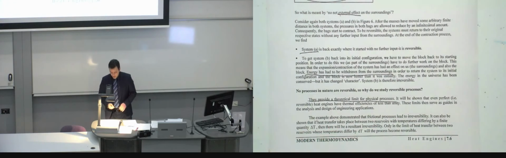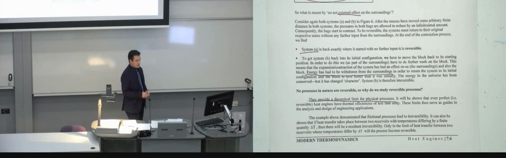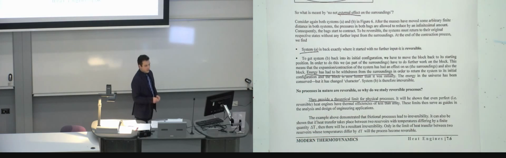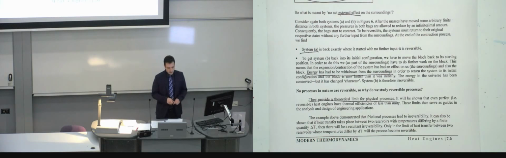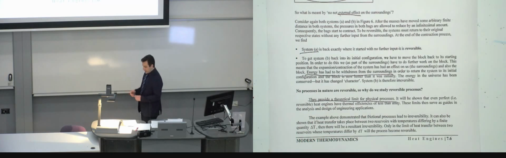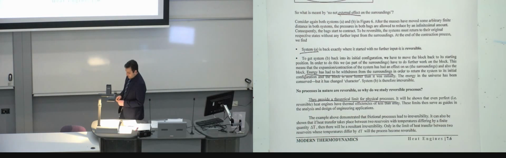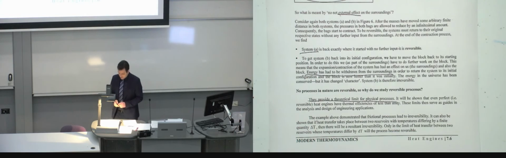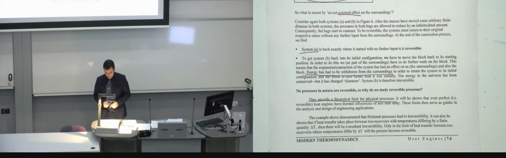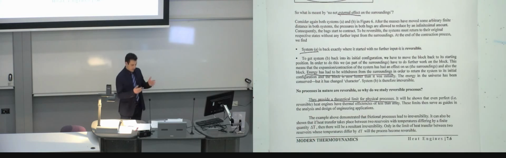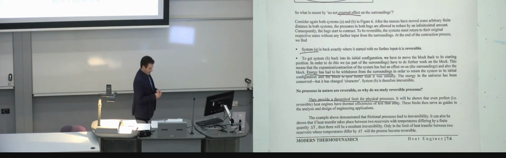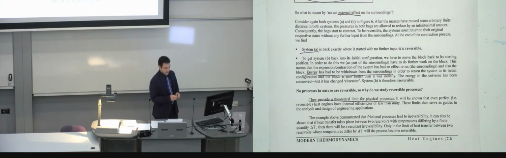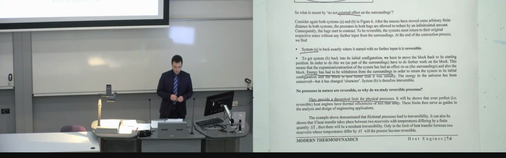This reversibility essentially puts some limits on the physical processes, as we'll see later on. So it is actually important to know the effects of reversibility. And the fact is, even perfect heat engines, so now we're going back to the concept of heat engines, have thermal efficiencies of less than 1.